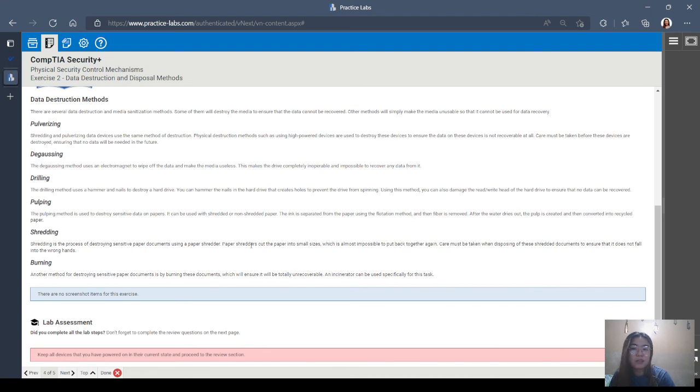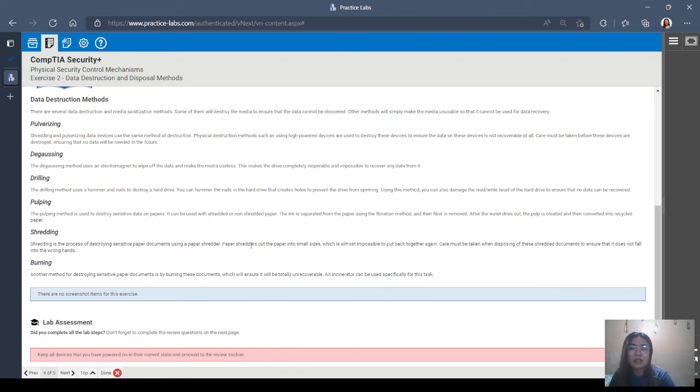Physical destruction methods use high-powered devices to destroy the device to ensure the data is not recoverable, and much care must be taken before these devices are destroyed.